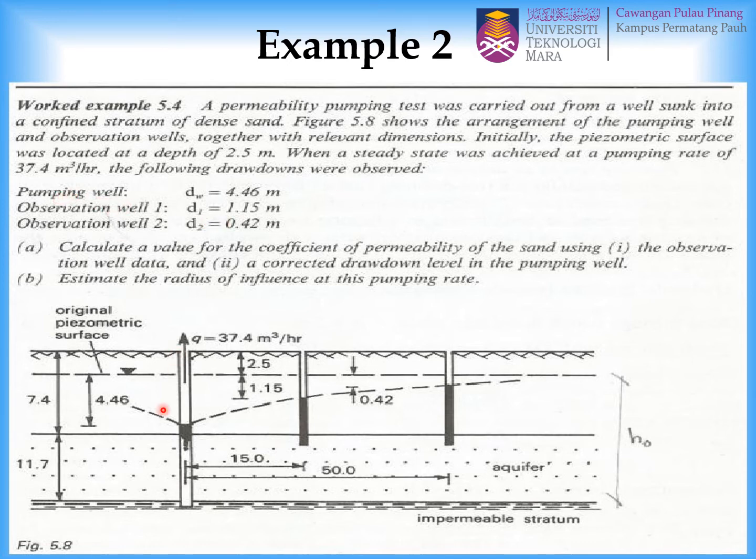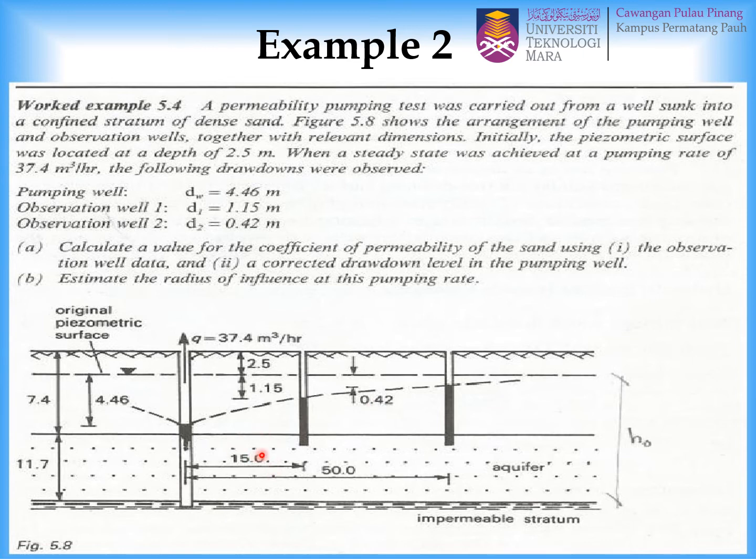For the pumping well, the drawdown is 4.46, from the initial water table to the new water table. For observation well 1, D1 is 1.15, the distance from the initial groundwater table to the new drawdown level, and D2 is 0.42.